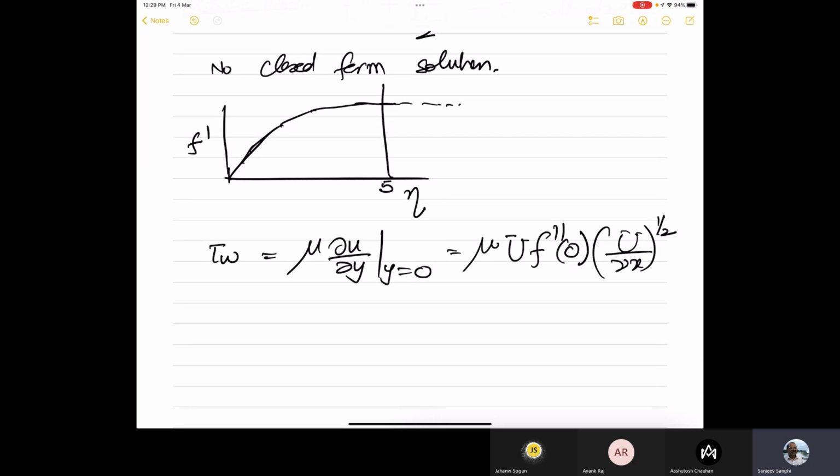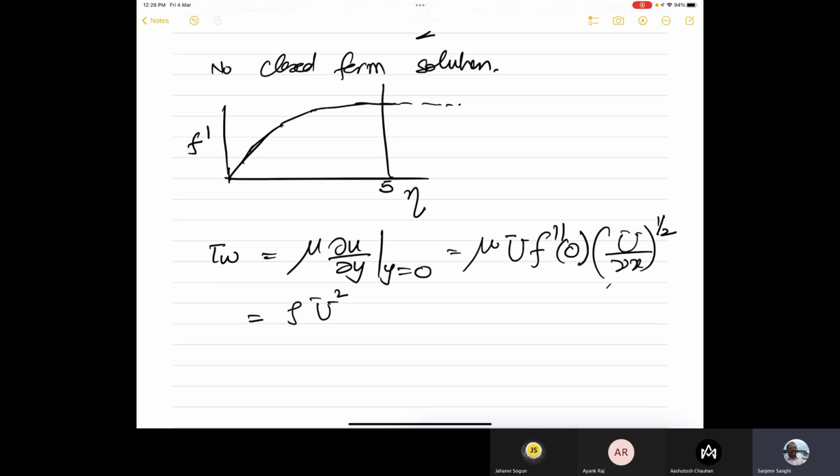And this, if I revert, becomes equal to rho u square, because what I do is this nu, I mu, and nu is equal to, sorry, mu by rho.